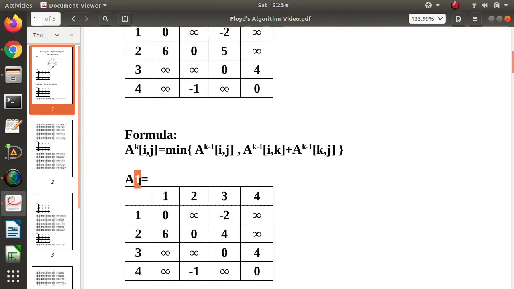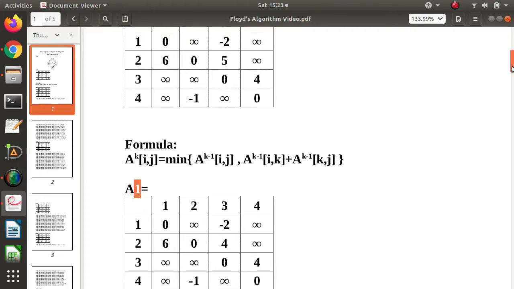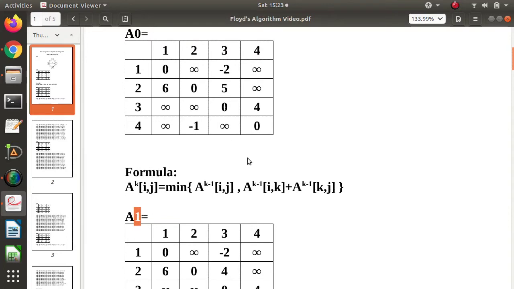A1 means we are trying if 1 is an intermediate vertex. If we take 1 as an intermediate vertex, can this value be improved? So that we check here, and the new, improved values are written here.